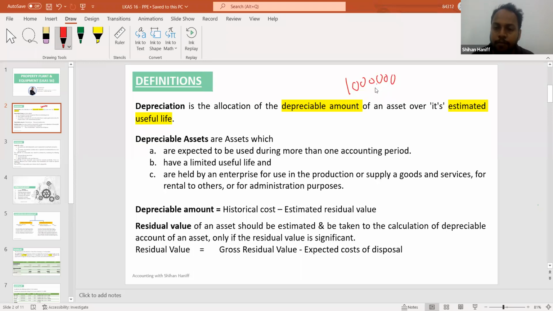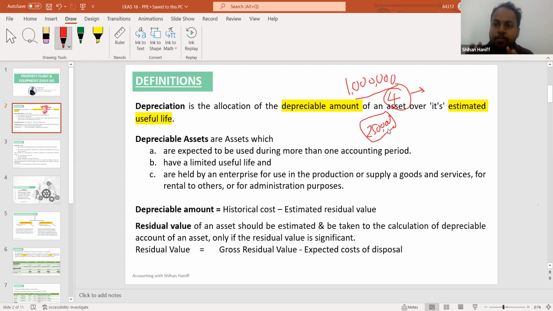What we do is, for accounting purposes, we divide this total cost along the useful lifetime. Let's say we are planning to use the motor vehicle for 4 years. So 1 million divided by 4, annually our usage of the motor vehicle is 250,000. This is called depreciation.